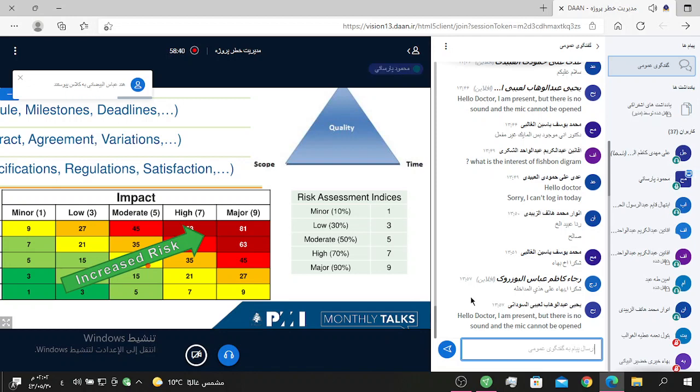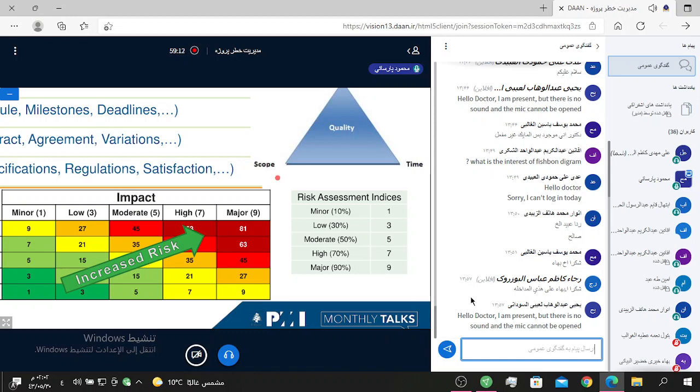So about the legend of this matrix, the risk assessment indices are: minor 10%, number 1, low 30%, number 3, moderate 50%, number 5, high 70%, number 7, and major 90%, number 9.